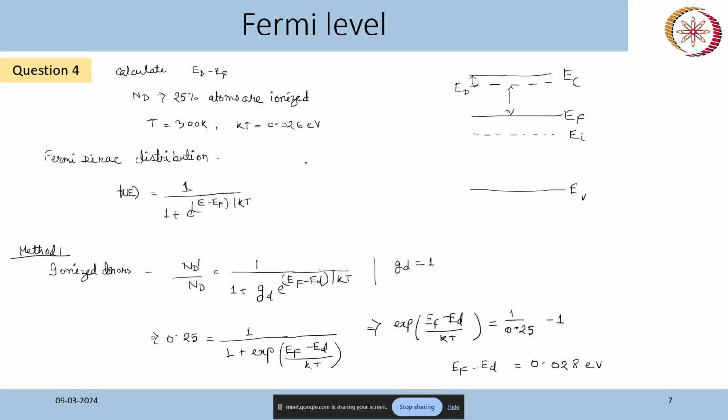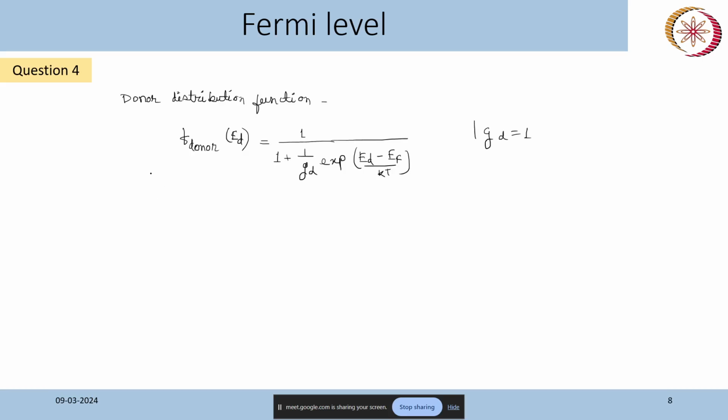So 25% of the donors are ionized, so here the probability of occupation of that extra electron will be 75%. Okay, 25% electrons are in the conduction band and 75% are still in ED, that extra electron of each pentavalent atom. So this will be 0.75.